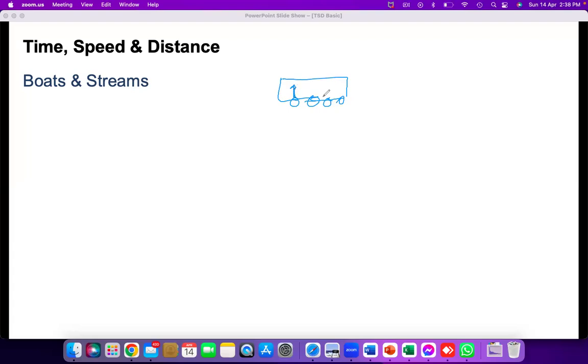Now you are standing, Tushar, here outside the train. The train is moving with the speed of 50 meters per second. The person is standing here. What is the relative speed of the person?